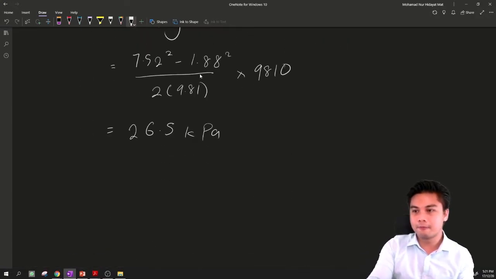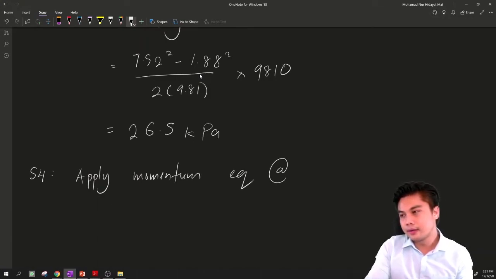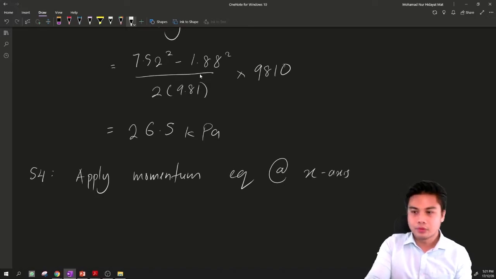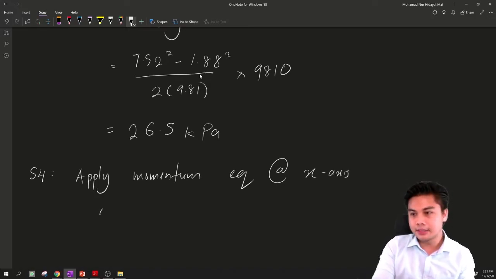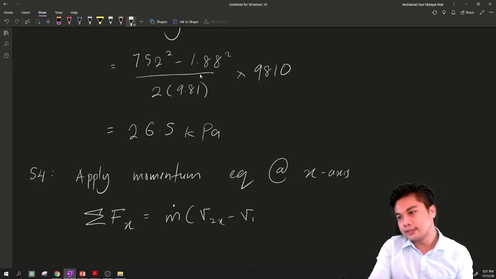Step number 4, apply the momentum equation at the x-axis. So here we say that the summation of force in x direction is equal to mass flow rate multiplied with V2 minus V1, all in x.